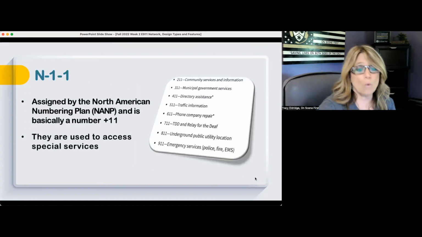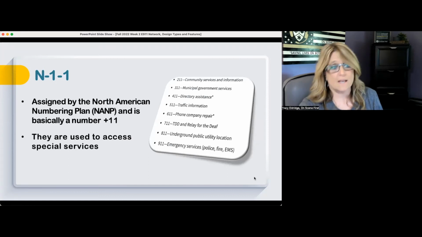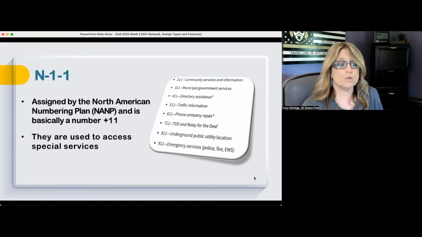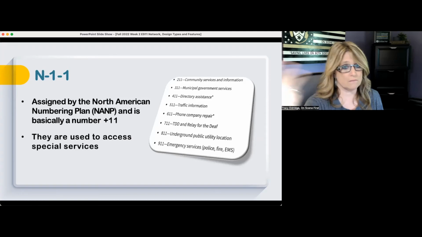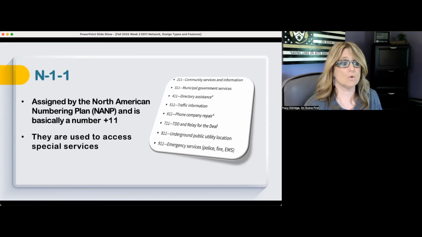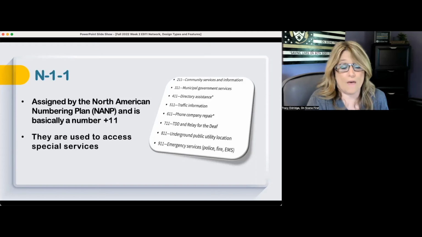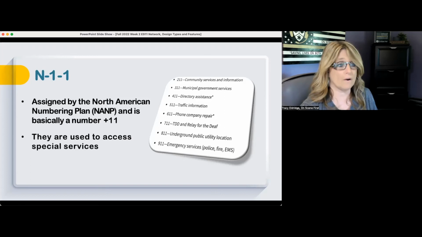And then N11 or NXX is an opportunity to access other types of services with just three digits. And so many of them that you see here, you're probably aware of them, but they are assigned by the North American Numbering Plan, which is what we talked about before.